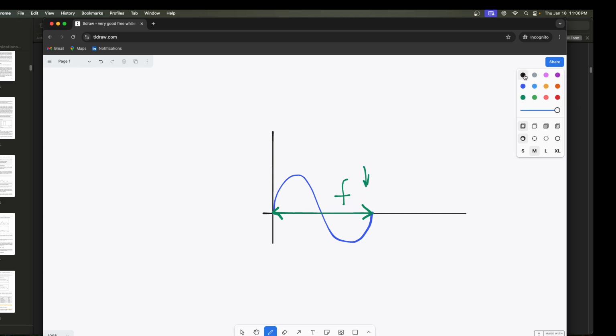So suppose we have one more. So this is a very short wave. If you see, it's alternating very fast.